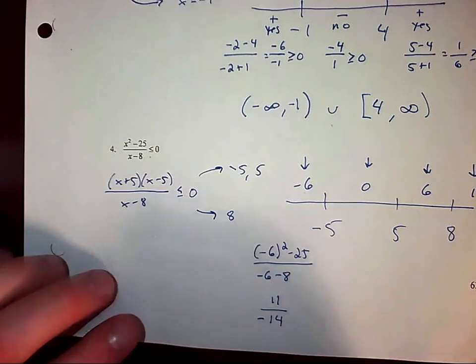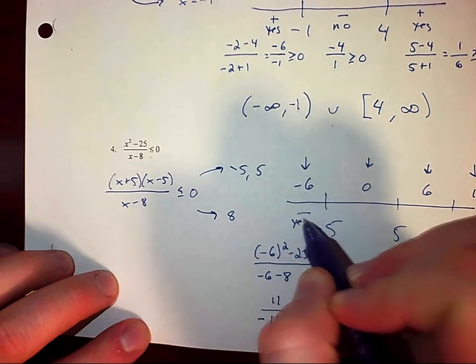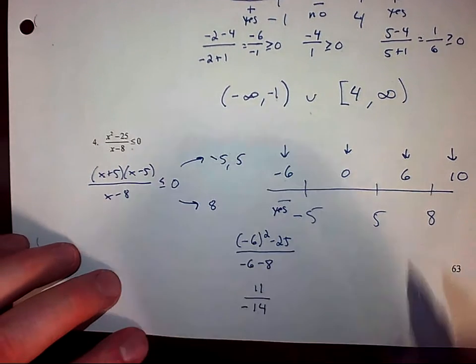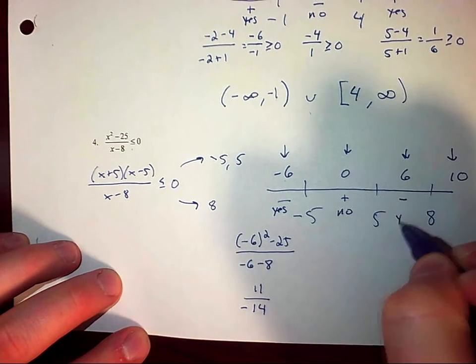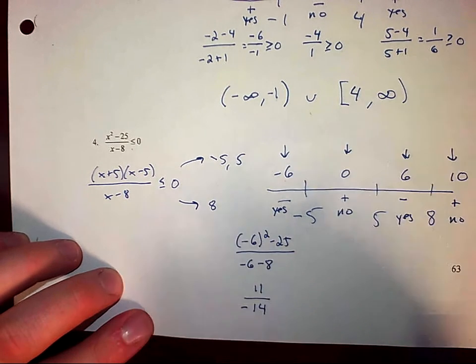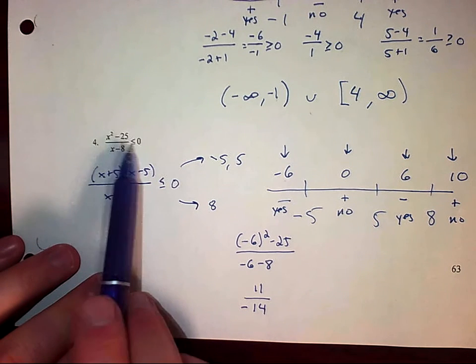It sure is. So therefore we know that this is negative and this works. Now if you go through these test values for all these other ones, you're going to see that this is positive, so therefore it doesn't work. This is negative, so therefore it does work. And this is positive, so therefore it doesn't work. And the reason why the positives don't work is we want all of this to be less than or equal to 0.